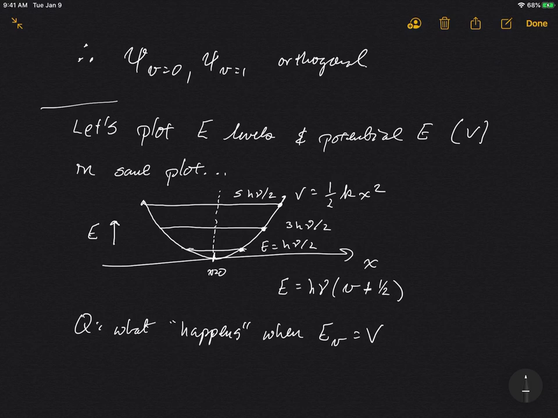If we take our system and momentarily ignore quantum mechanics and pull on the molecule until we set the position equal to the energy of the corresponding quantum mechanical level.